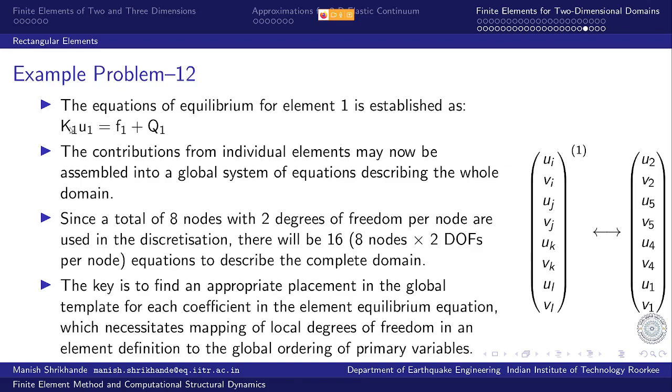So the stiffness matrix for element number 1 multiplied by the nodal displacements, the primary variables at the nodes of element number 1, is equal to the equivalent nodal forces from the body forces distributed within the domain of element 1, plus the surface tractions on element 1. So contributions from individual elements can be assembled into a global system of equations describing the whole domain.